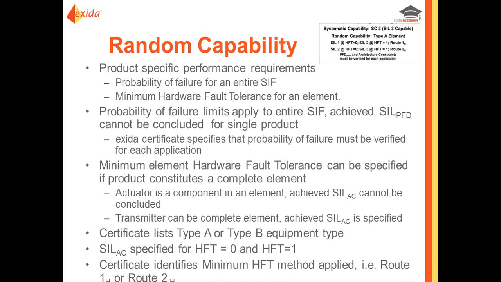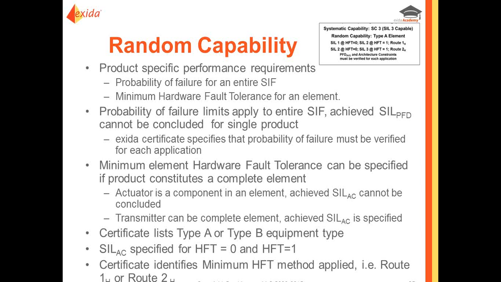But the probability of failure limits apply to an entire SIF. An achieved SIL for a PFD cannot be conducted for a single product. So the exida certification specifies that the PFD needs to be verified for each application. You cannot just take one PFD number and reapply it for multiple applications.